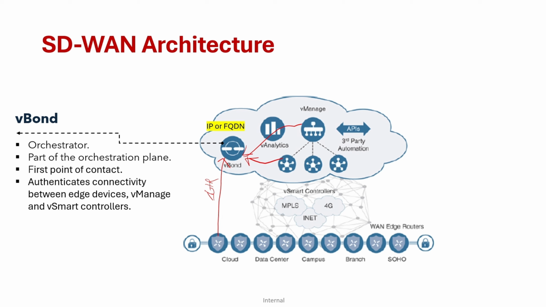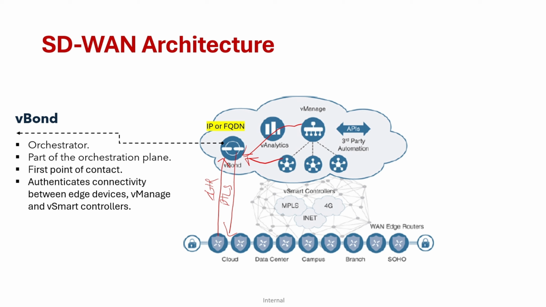After successful authentication, a DTLS tunnel is established. For example, with Vbond, the managed device will form a DTLS tunnel. Once the DTLS tunnel is established, Vbond will provide the WAN edge devices with connectivity details for Vsmart and Vmanage.